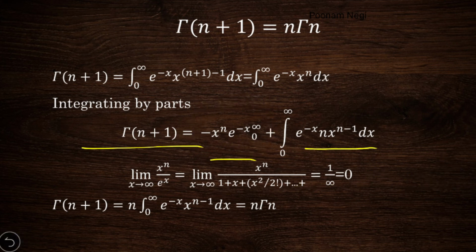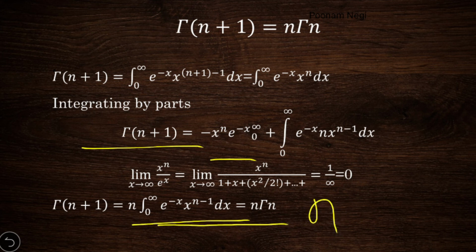Hence we have gamma n plus 1 equals n times the integral from 0 to infinity of e to the power minus x, x to the power n minus 1 dx, which is the definition of gamma n, meaning we have n gamma n.